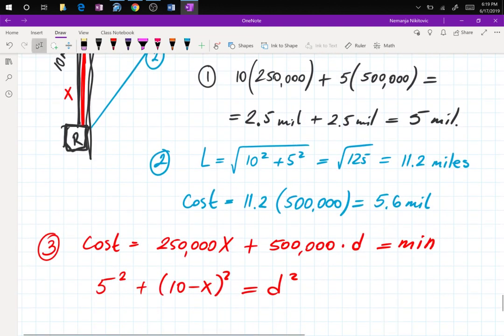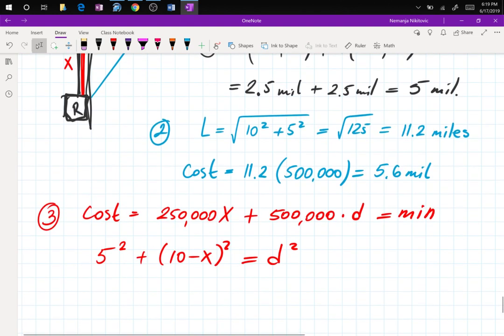So 5 squared plus (10 minus x) squared, those are legs, is equal to d squared. From here, you solve for d, and you plug that in the upper equation. You hit that with the derivative, and you will calculate x. And then you can calculate d, and you will have the values.